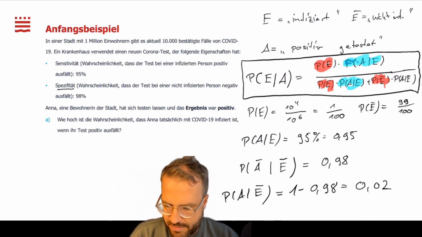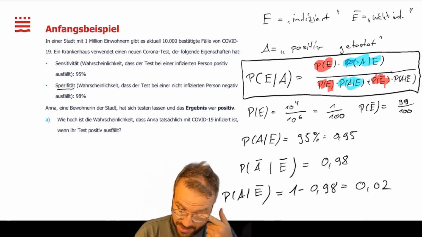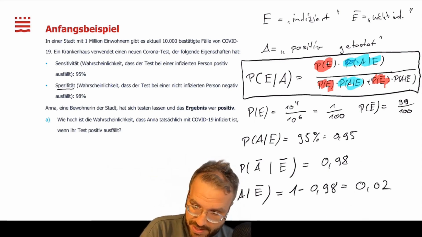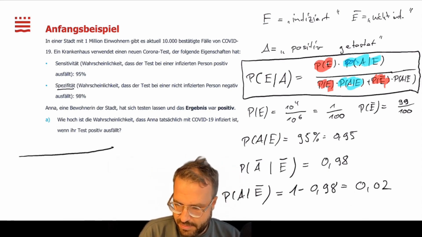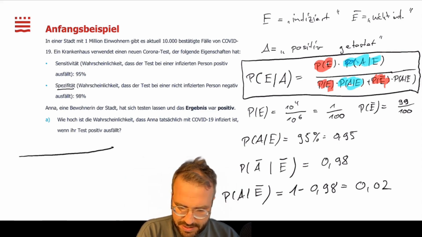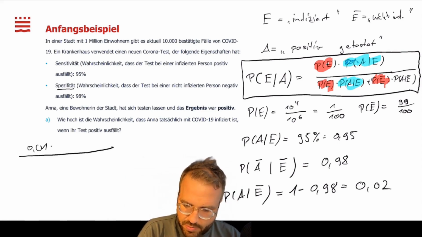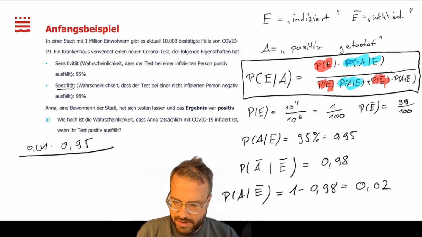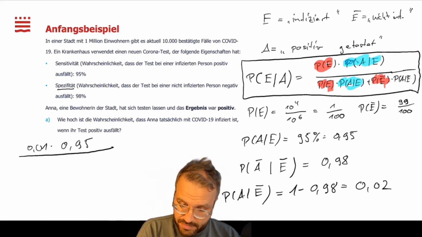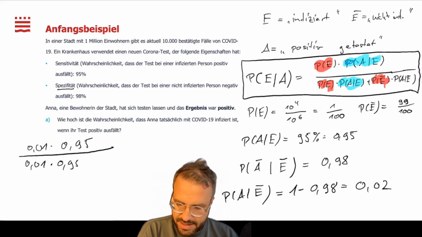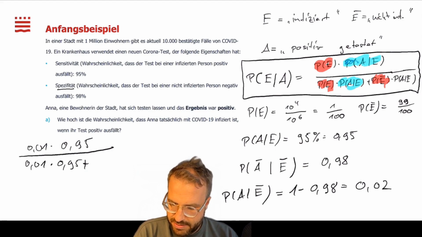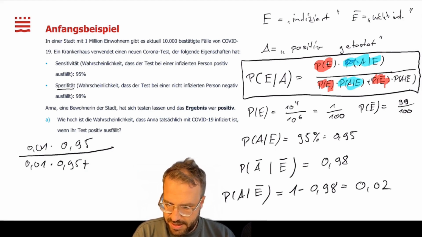So now we have all the values we want, and we will write down the result. The result is we have P of E, which we have determined, so it is 0.01 times P of A given E, which is 0.95, divided by 0.01 again times 0.95 plus, what do we have here?